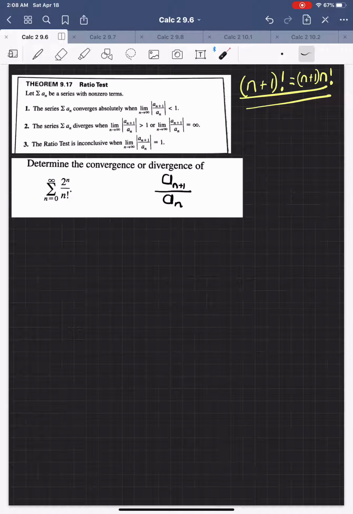But with a sub n plus 1, you're just going to simply substitute n plus 1 in for n. Ready? So let's go through this theorem as we're working this first problem. Right now, let's set up the ratio. Let's start with a sub n plus 1. So let's go ahead and figure out.